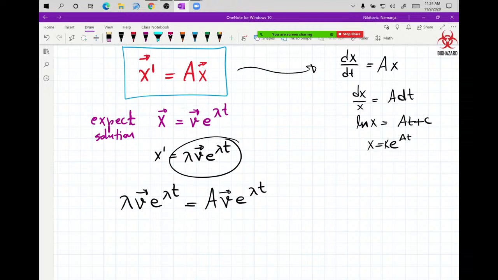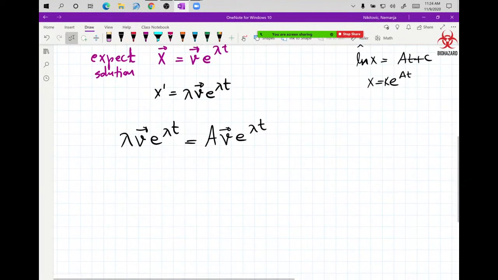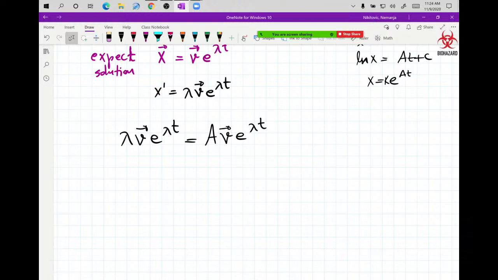Now, when you compare the two sides, you can see that lambda v is equal to A v.